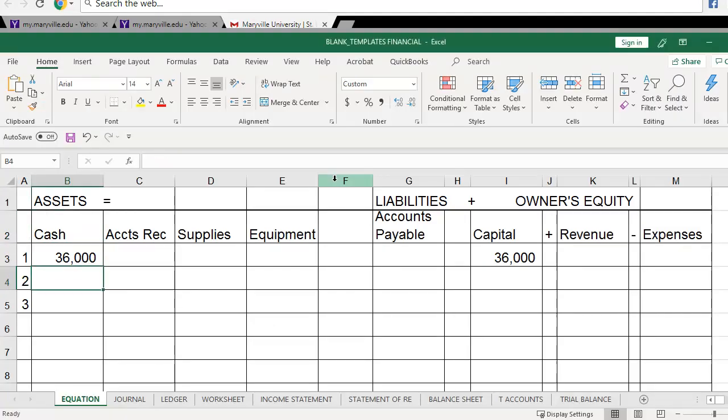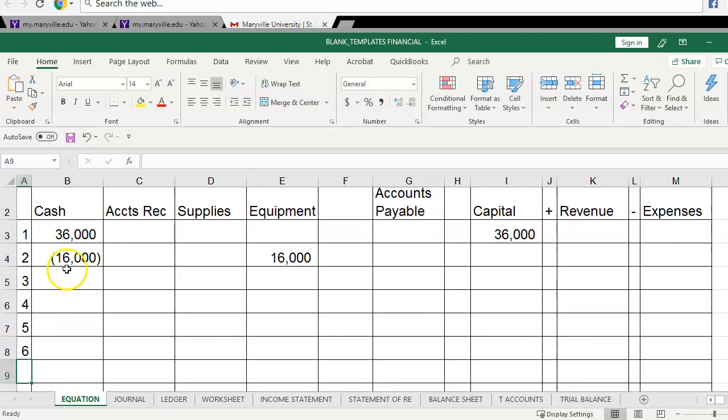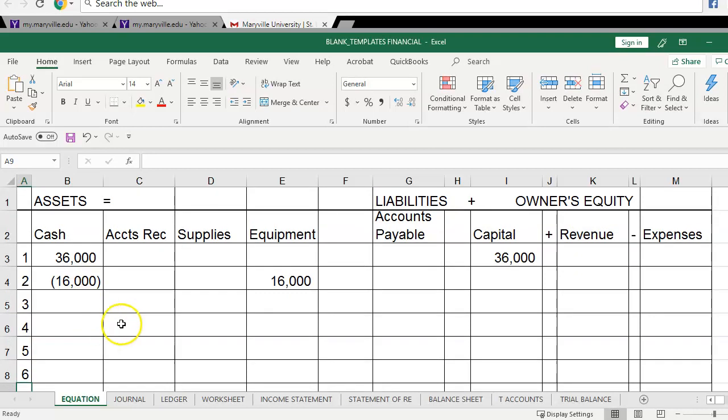So for the second transaction, I'm going to put minus $16,000 under my cash account, and I'm going to put plus $16,000 under my equipment account. Now notice that in this situation, it did not impact the right-hand side of the accounting equation. That's because the two asset accounts offset one another. One asset account increased by $16,000, while the other account decreased by $16,000.